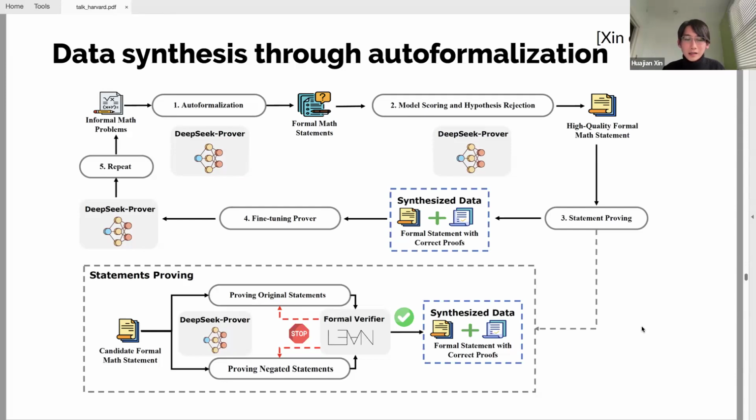But I think this is an area that has not been fully explored. There is no systematic method to generate a meaningful variant form of one statement. I'm looking forward to research in this area. Thanks. Thank you.